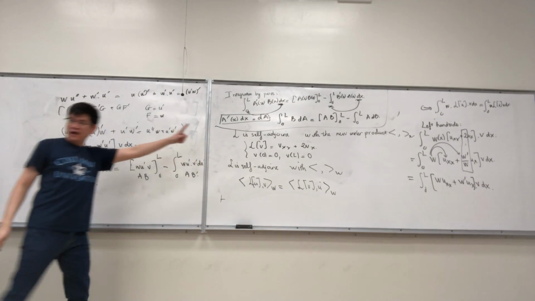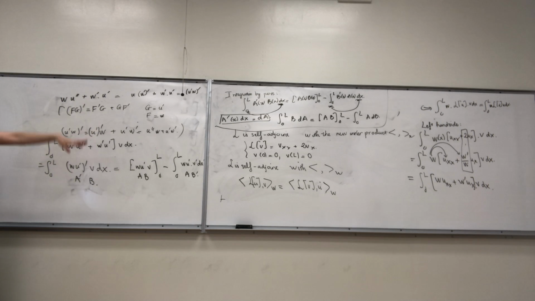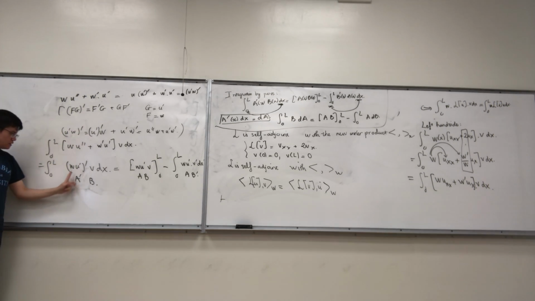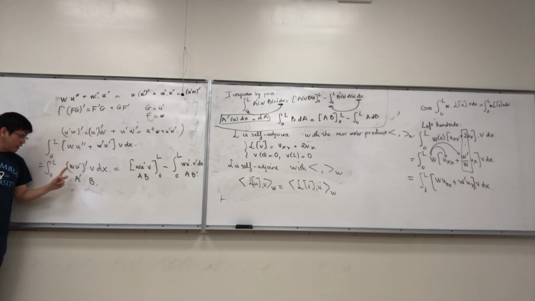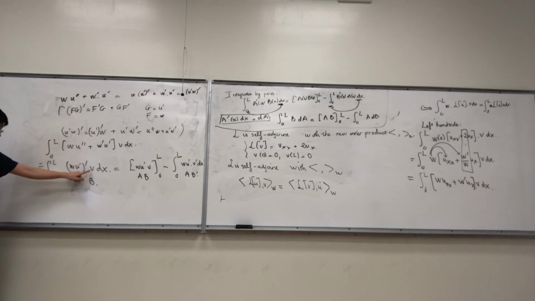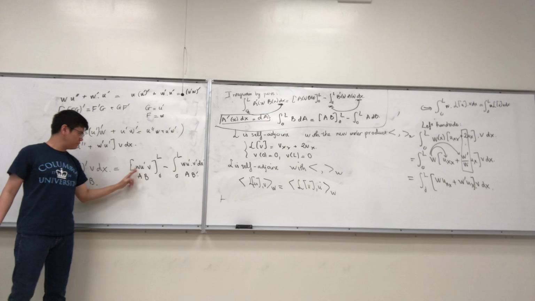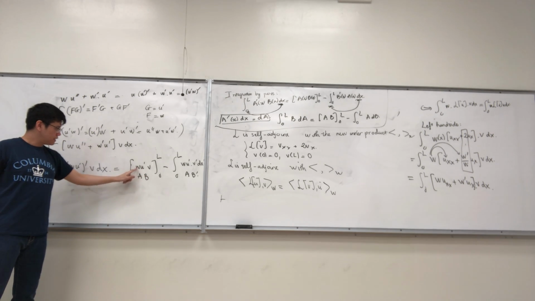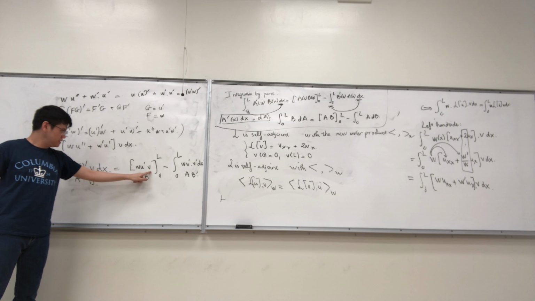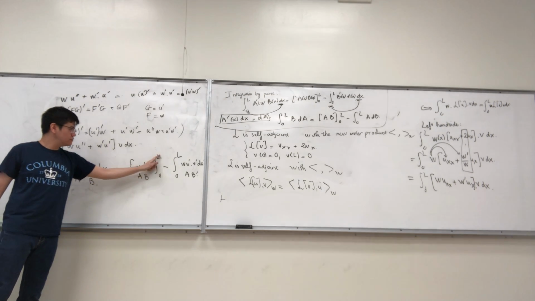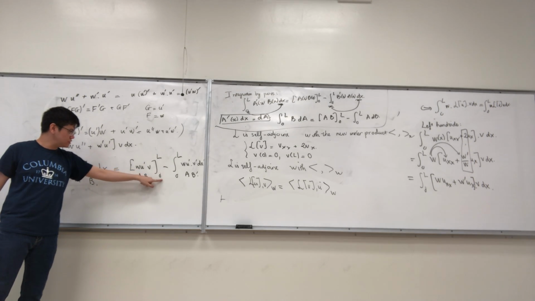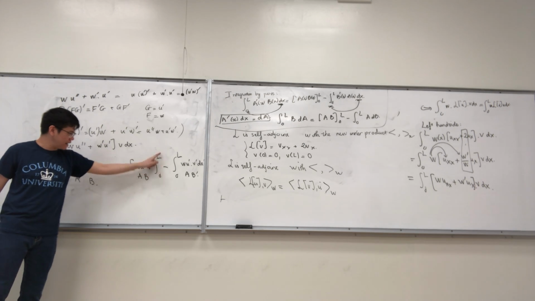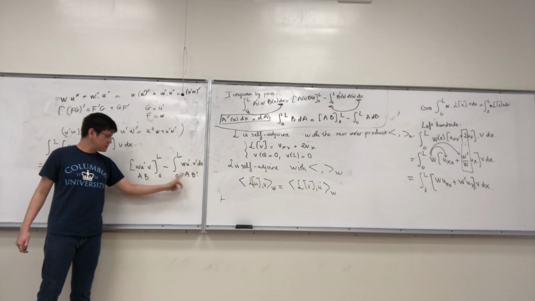Now I apply integration by parts for A, which is W U prime, and B, which is V. So I have (W U prime)' V is AB, so I have W U prime V. So this is A, which is W U prime, and this is B, which is V. So I have to take the difference between the two boundaries, 0 and L. The other one is A B prime.